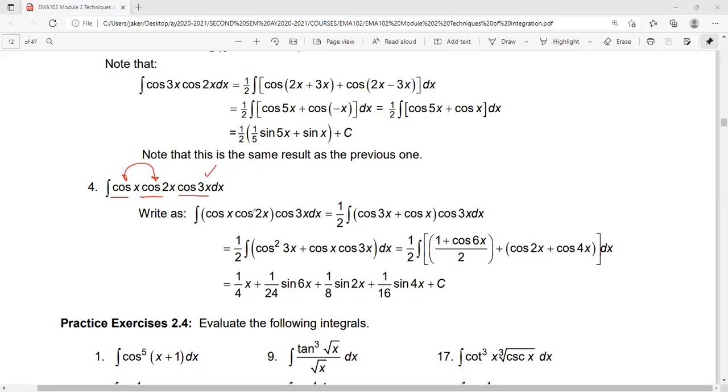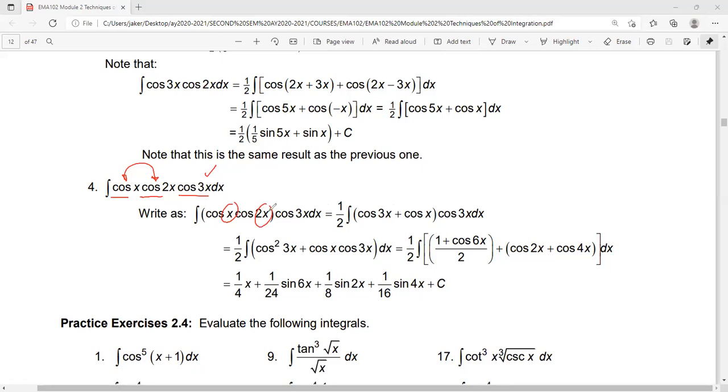And these two which you have placed in a parenthesis, you process using the identity that was shared to you on top. So for the cosine of the two angles, you add the two angles for the cosine, and you add to it the cosine of the difference of the two angles.